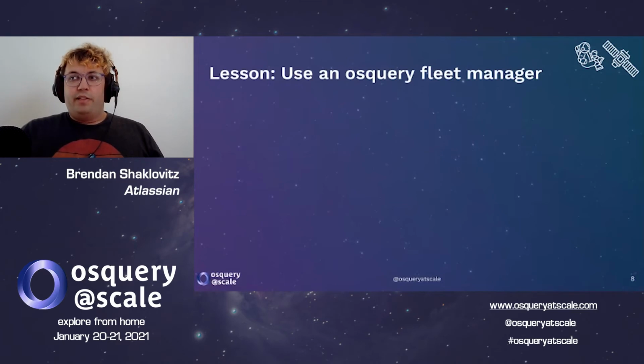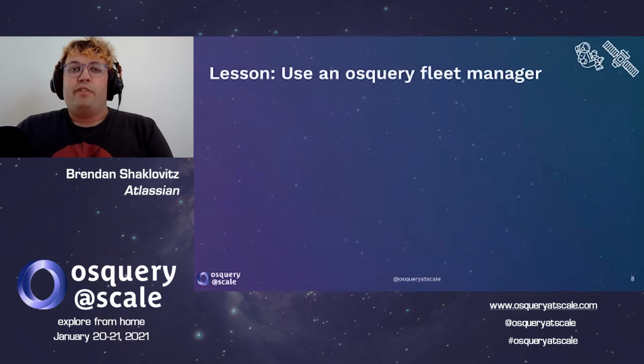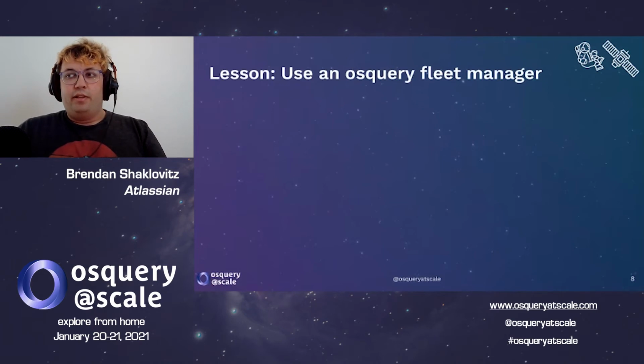As we were planning to increase the number of hosts that were enrolled in Fleet, we needed to make sure that Fleet could handle the load. It's not where it is today. There's been a lot of improvements to Fleet since then, and so we were a little bit concerned about this. So we started by setting up a test environment with a bunch of Docker containers running Osquery to simulate the load of a large number of hosts.